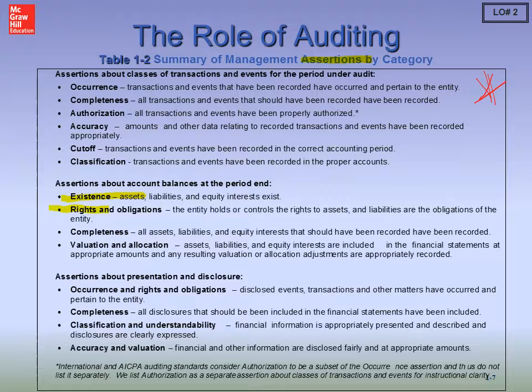I'm going to keep pushing you to look back that you're actually auditing an assertion. And if you know how to audit an assertion, then you can apply that knowledge of how to audit the assertion to any one of these accounts. And this starts to really strengthen your understanding of auditing. So assertions, very, very important.